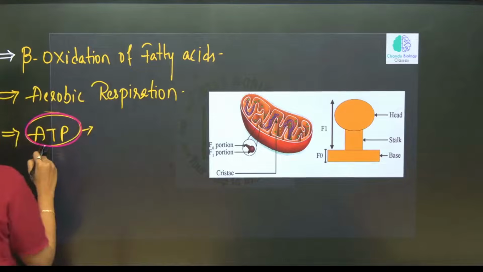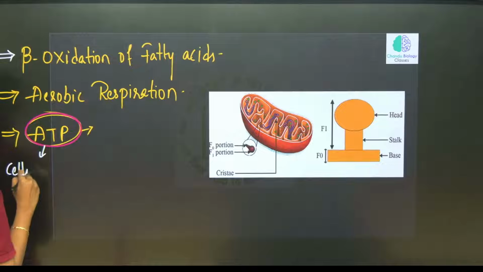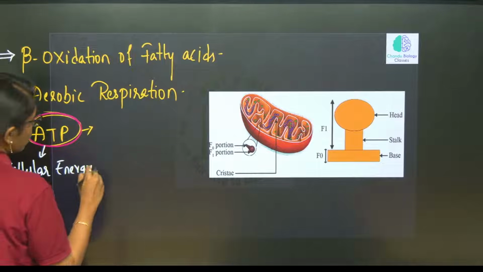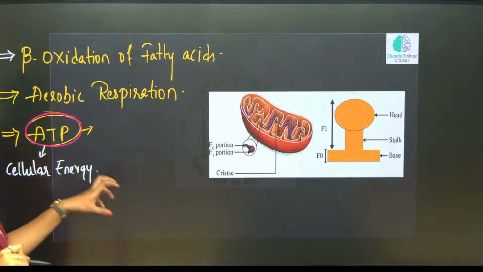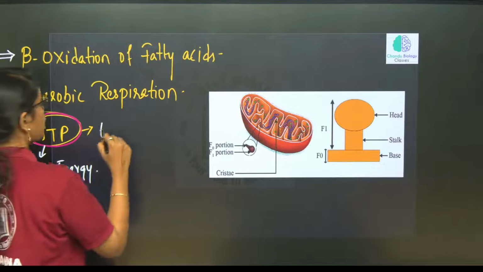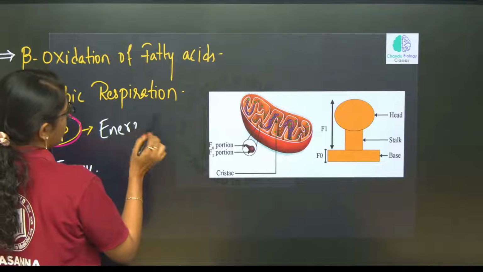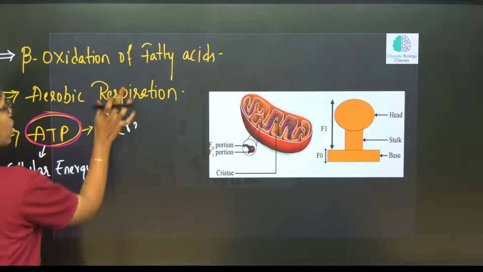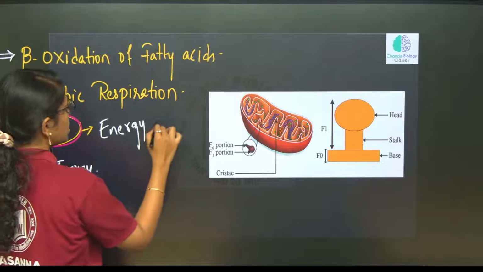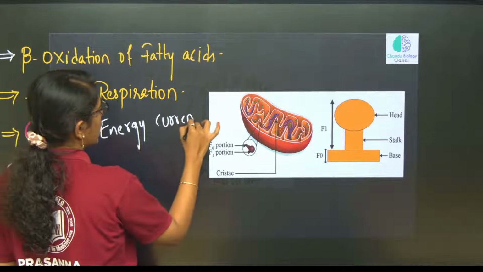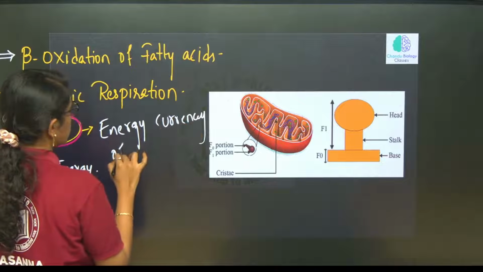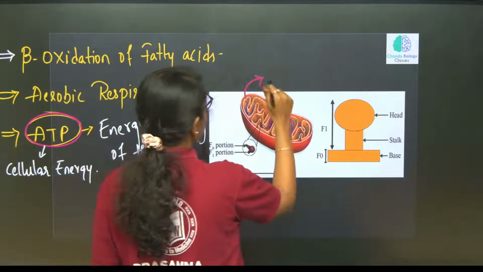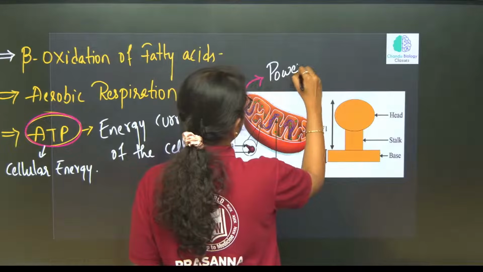ATP is synthesized and stored inside the mitochondria. ATP is the energy currency of the cell, and mitochondria is called the powerhouse of the cell.